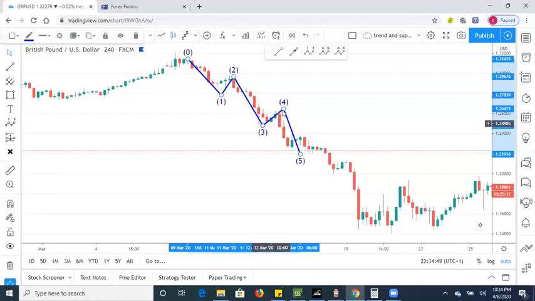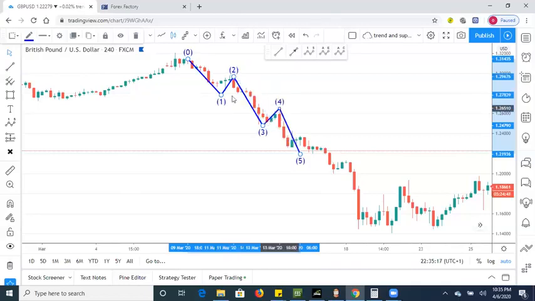Once it was completed, you wait for a correction to be made. And of course, for a downtrend to be established, you expect 4 not to take out 2. You expect 4 to cause a turnaround somewhere between 3 and 2, somewhere between 3 and 2.